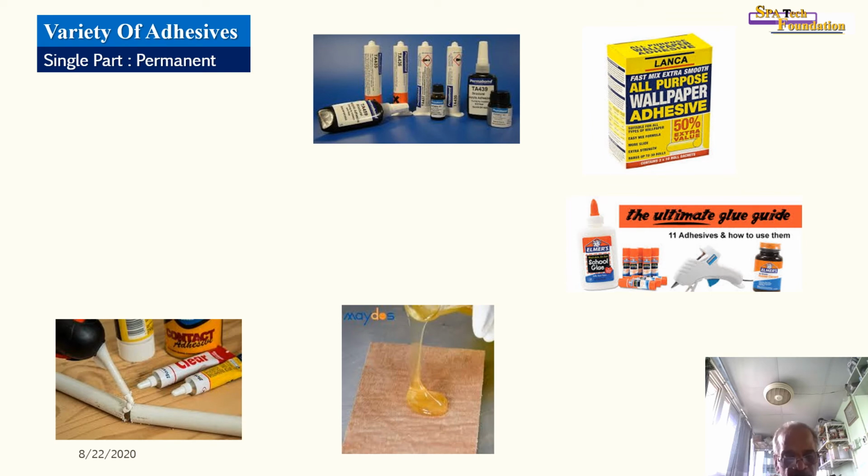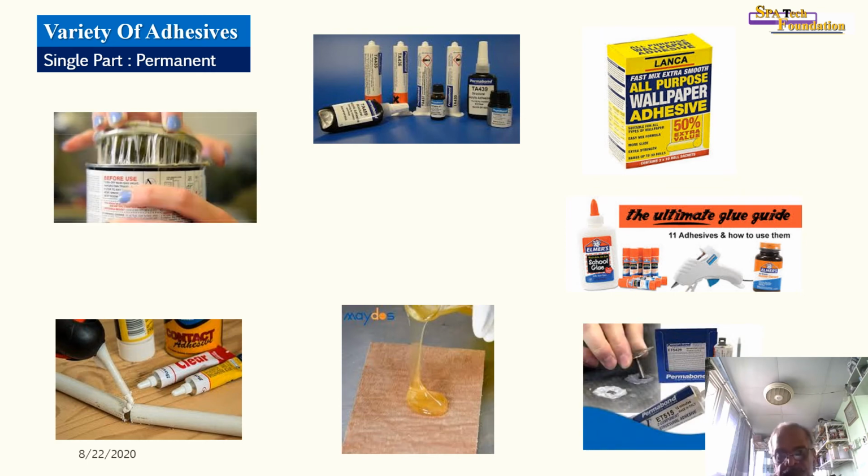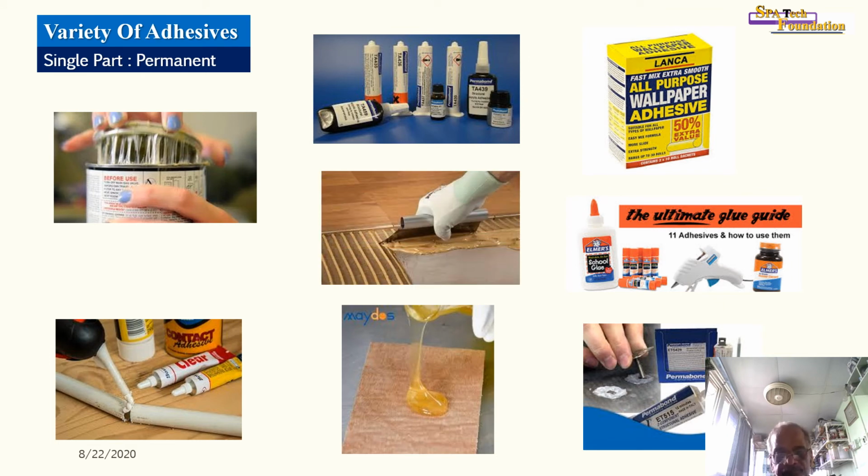This is a typical very popular super glue. This is a synthetic rubber adhesive, single component, used for joining two different surfaces together. This other adhesive is getting applied with the help of squeezing.